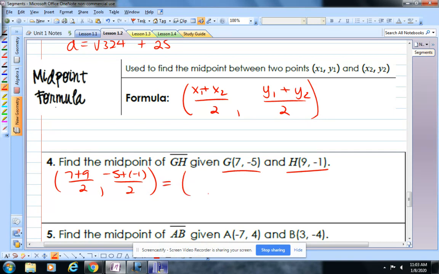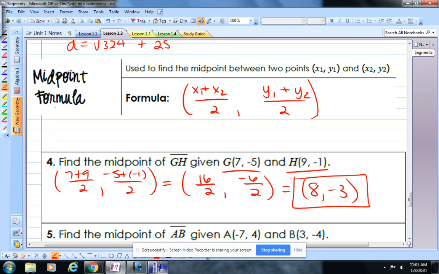So do your numerators first. What's 7 plus 9? So that one's going to be 16 over 2. What's negative 5 plus negative 1? Negative 6 over 2. And then you simplify. What's 16 divided by 2? 8. What's negative 6 divided by 2? Negative 3. So the midpoint is the point 8, negative 3.